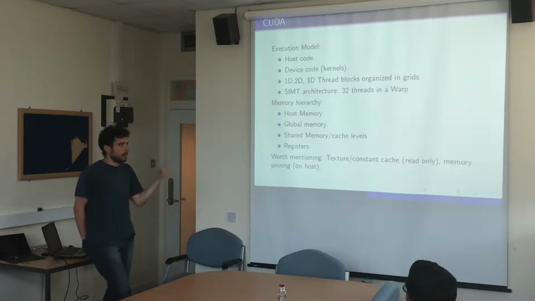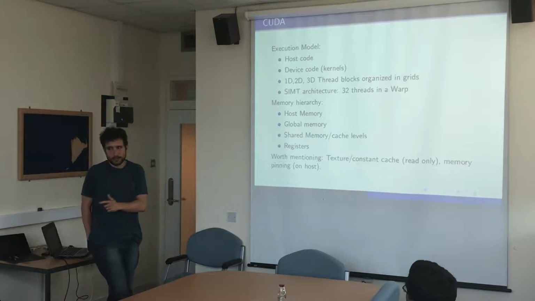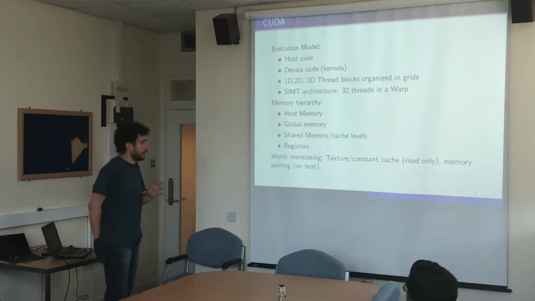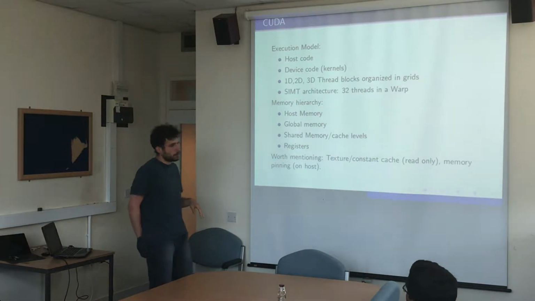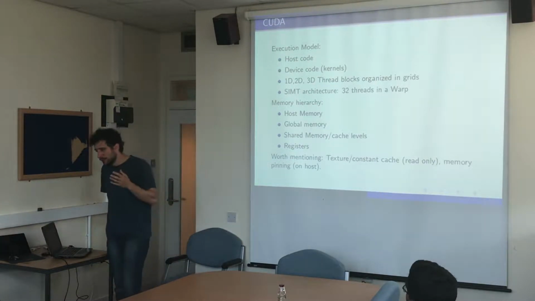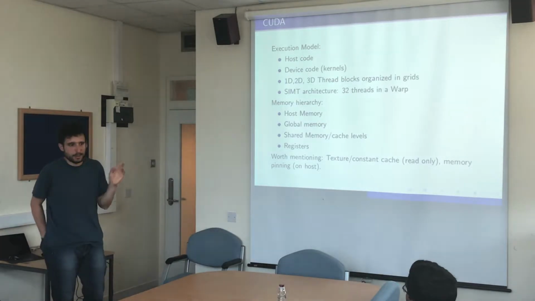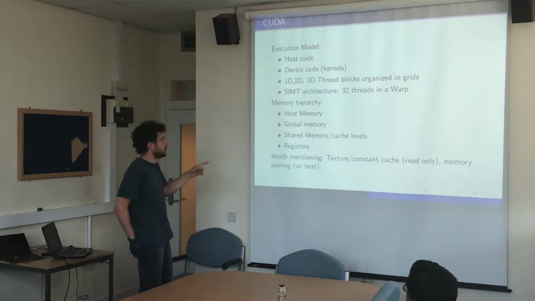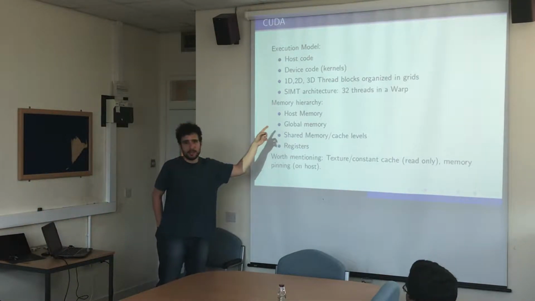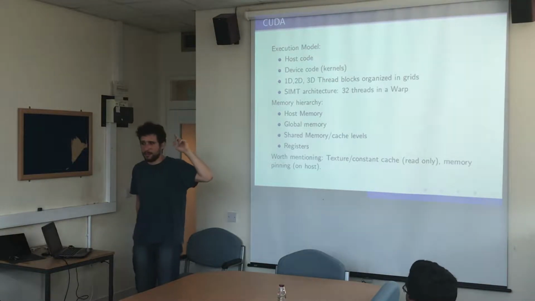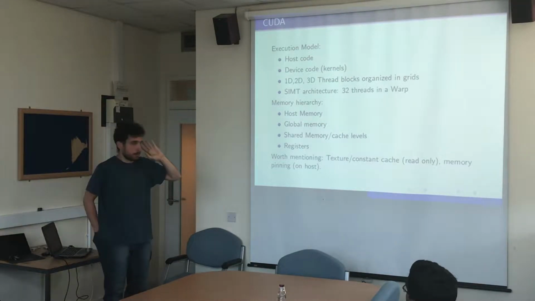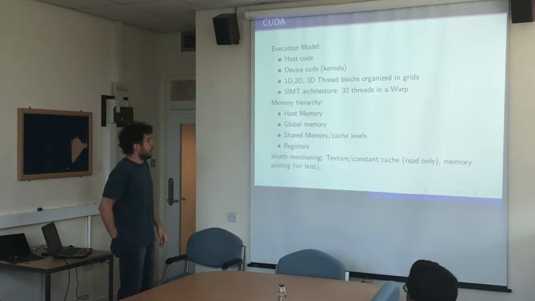The cards that I'm going to work with today, I think it's around 200 gigabytes per second. But bandwidth is not the only thing that's important. There's also latency. Every time you go to get something in global memory, if I remember correctly, it's like 500 clock cycles, which is significant.